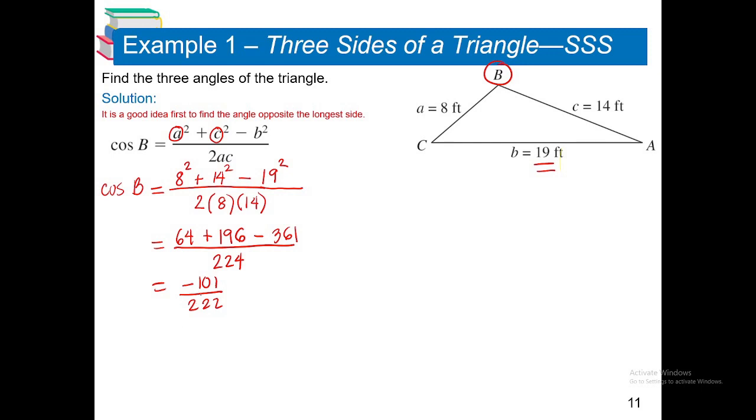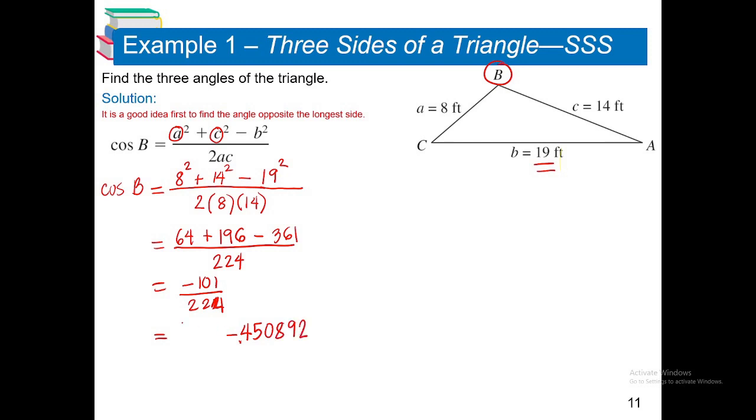Give me an answer: divide negative 101 by 224 in 6 decimal places. Negative 0.450892. Is this right?